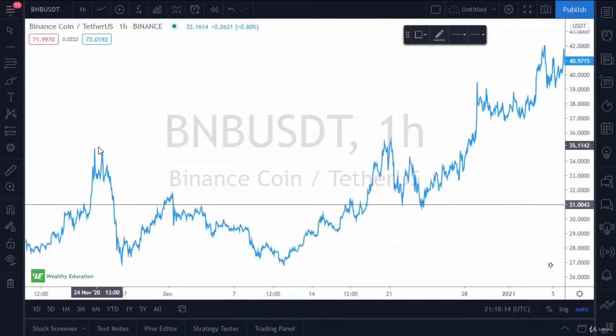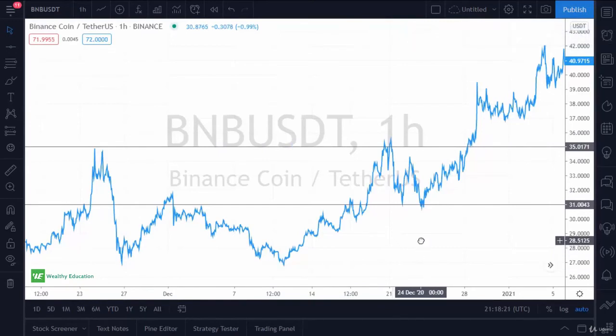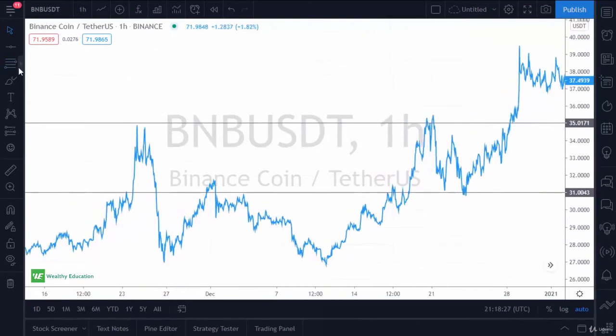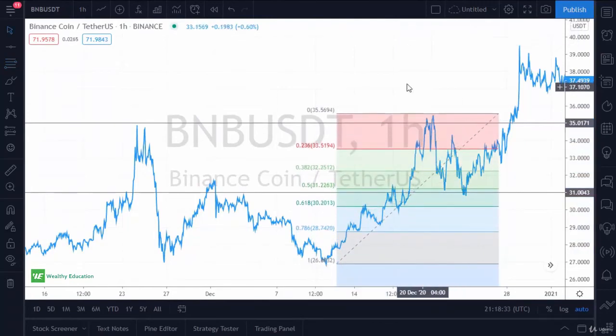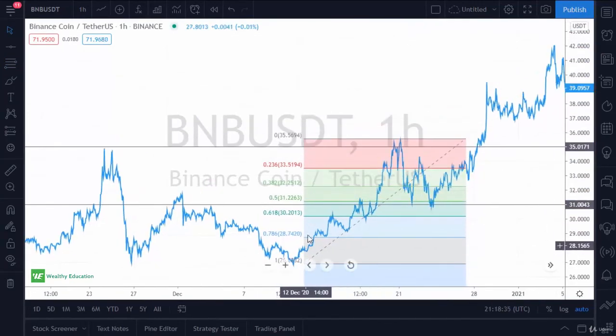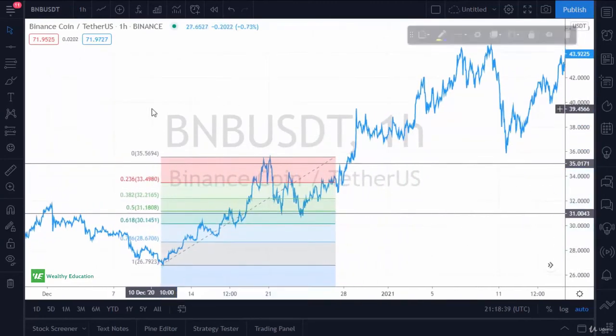So that in and of itself would capture your attention as a support and resistance trader. Add a Fibonacci retracement to it, and then you've got a couple of different things. At that point, you're talking about something known as confluence. Confluence is when you have a couple of different reasons to take the trade.